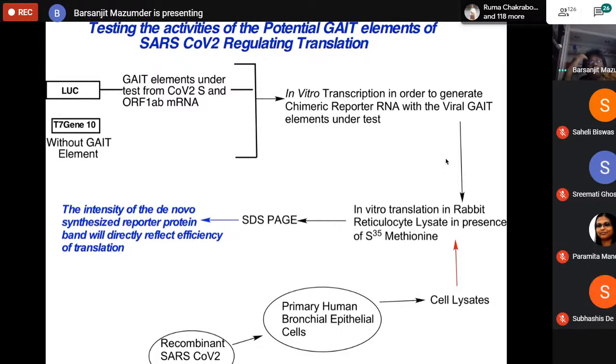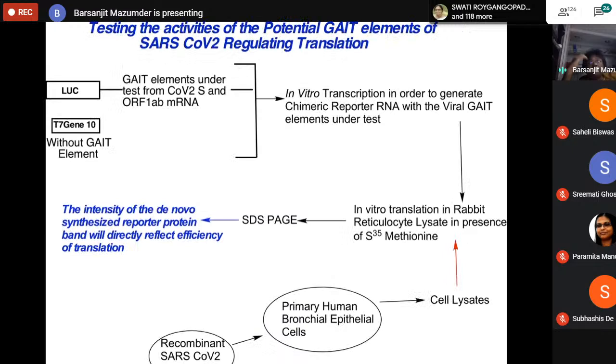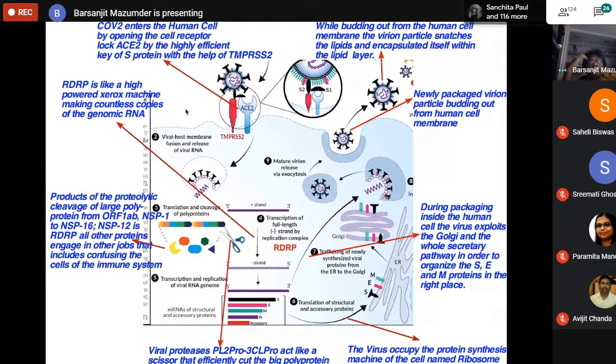So immediately we asked, if that is true, can we do some kind of initial experiment using a recombinant system of S protein and human lung cells? Immediately we generated this reporter construct, where the GAIT element is under the control of COV2 S mRNA and ORF1ab mRNA, the ones we identified in this bioinformatic analysis.